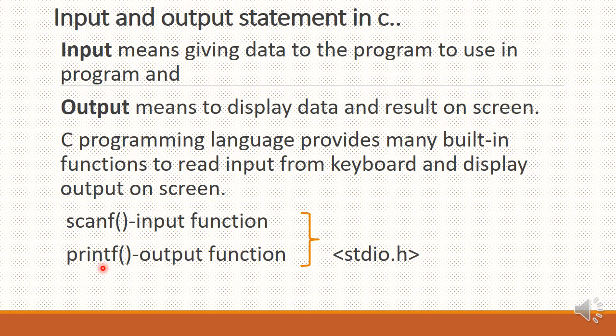We use scanf and printf to read and write, so you can call them read and write functions also. C provides many built-in functions to read input from the keyboard and display output on the screen. These are the two main input and output functions in C.